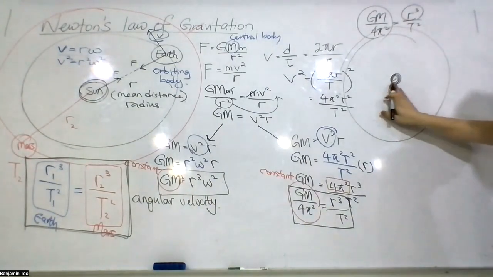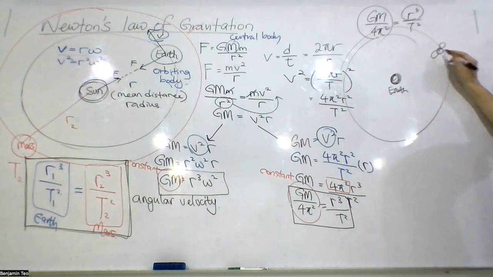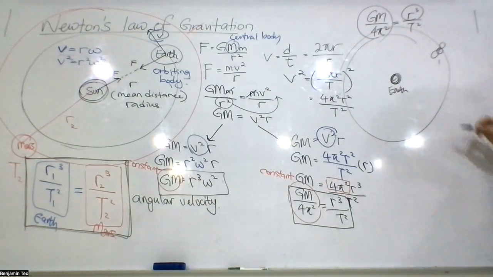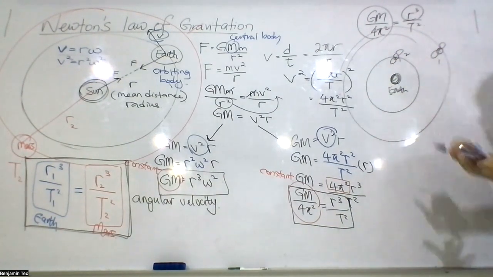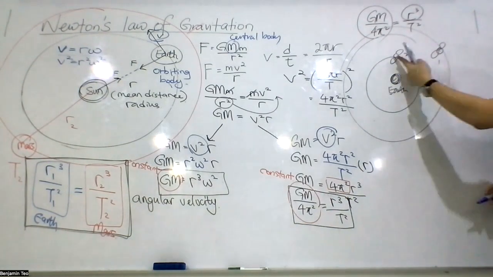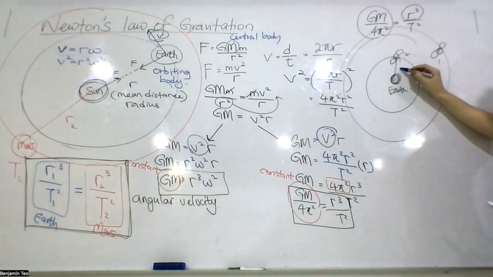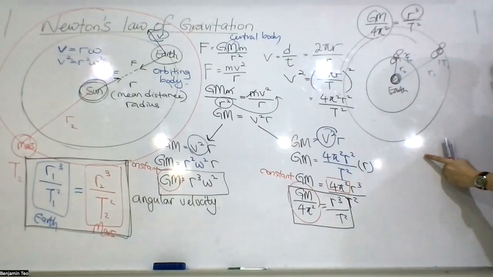Example, the middle is Earth. You have a satellite 1, you have satellite 2. Can I apply that one? Yes. What is the R2, T2, R1, T1? Again, you can apply.